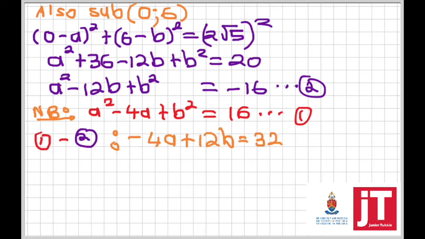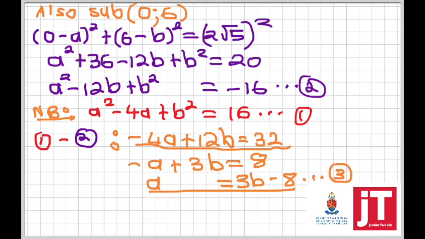If you do it correctly, it should result in the equation −4a + 12b = 32. If I divide everything by 4, I get −a + 3b = 8. Then if I make a the subject of the formula, I get a = 3b − 8, forming the third equation.